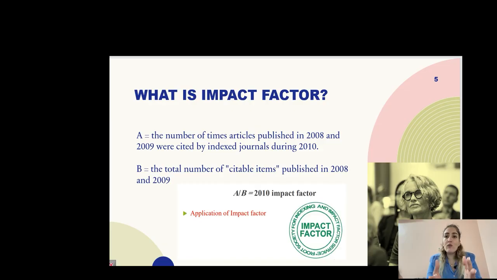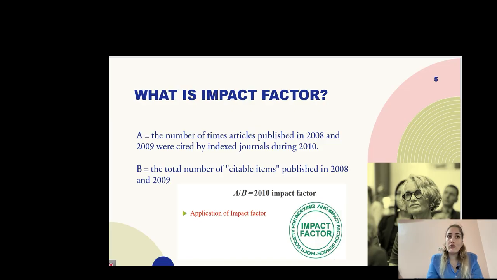In medicine, the impact factor can become 100, and it can also be less than 1, between 0 and 1. Every 2 years this number is updated, and they calculate the impact factor for each journal.